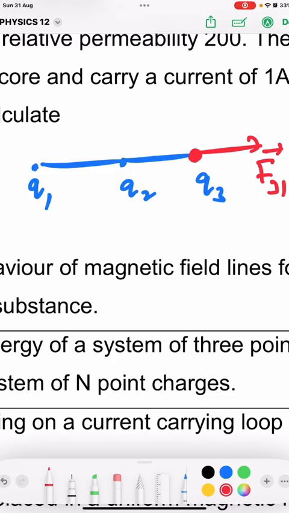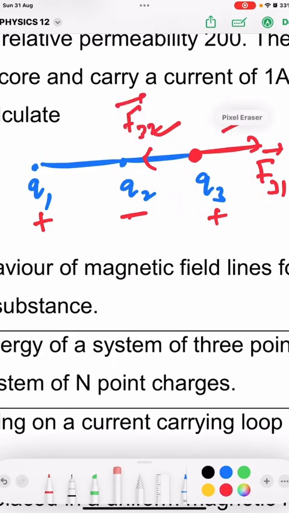Then force cannot be 0 on Q3. So Q2 has to be negative. If Q1 and Q3 are positive, Q2 has to be negative in order to attract Q3 so that forces can be in opposite direction. This is force on 3 by 2. Forces can be in opposite direction so that they can be subtracted to make it 0.